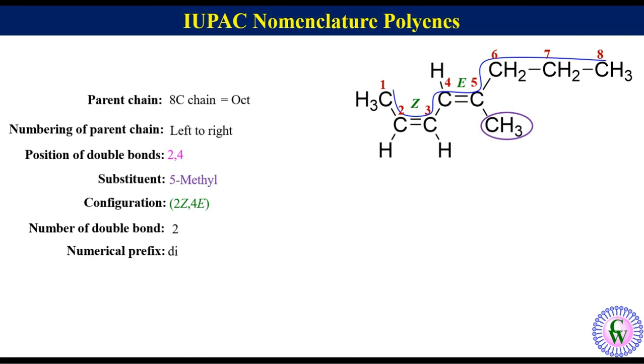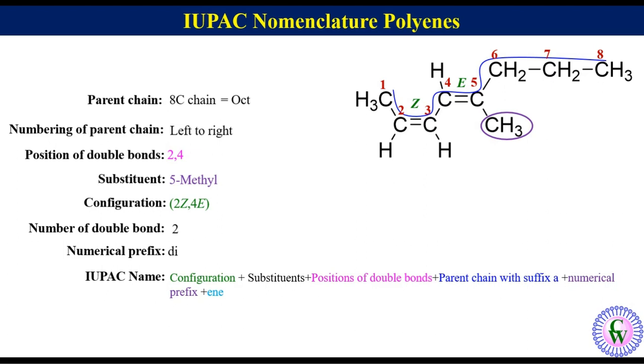Thus the IUPAC name of this molecule will be configuration plus substituent plus position of double bonds plus parent chain with suffix a and numerical prefix plus ene, which will be equal to 2Z,4E plus 5-methyl plus 2,4 plus octa plus di plus ene. So the IUPAC name of this molecule will be (2Z,4E)-5-methylocta-2,4-diene. That's all in this video.